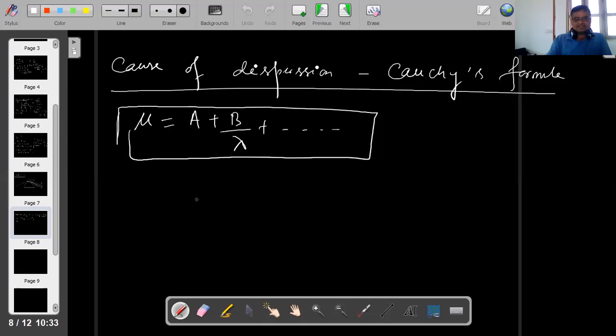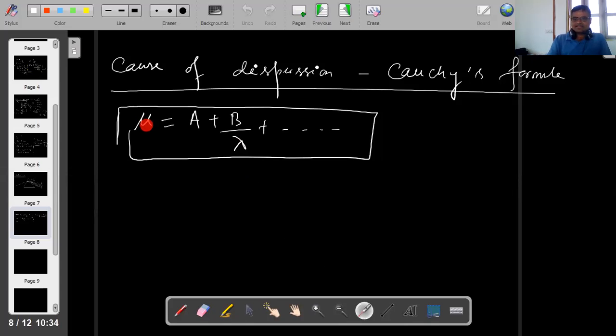So from this relation, we can conclude that on increasing wavelength, refractive index decreases. Do you follow this or not? If wavelength is increasing, refractive index is decreasing, and vice versa. So whose wavelength is more? Red light wavelength is more, therefore the refractive index of red light is less.